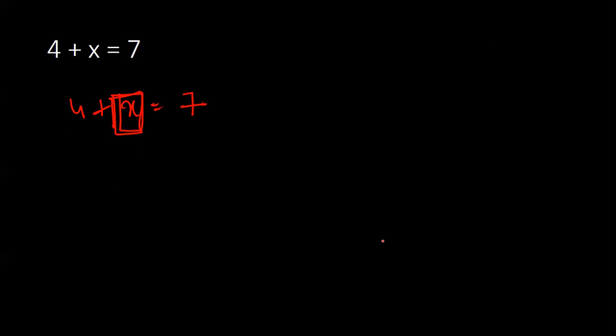We are transposing, we are changing the position of everything other than the variable that we want to find the value of. So 4. How can we transpose it? It is very simple. So 4 here has a positive sign, because when there is no sign, it is a positive sign. You can also write it as 0 plus 4. When I transpose this to the other side, I will put an opposite sign. So minus 4.